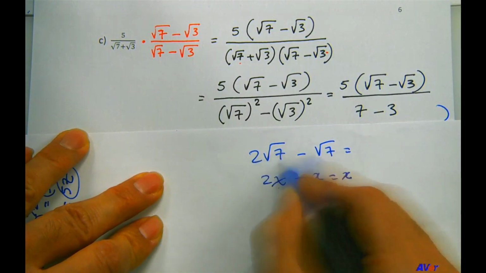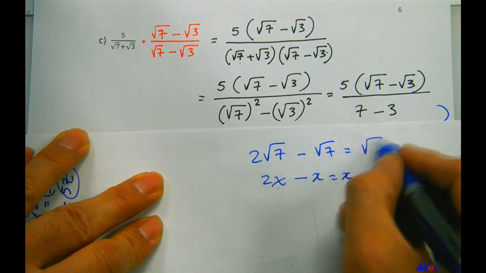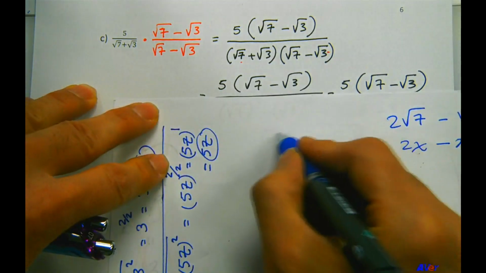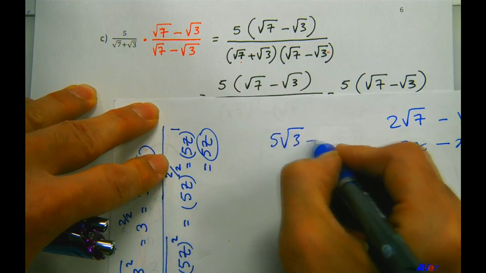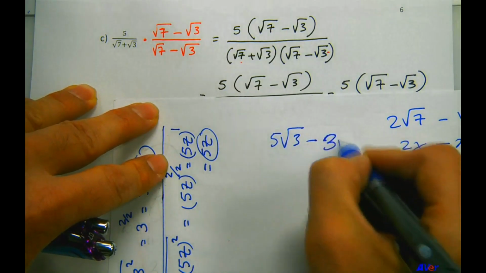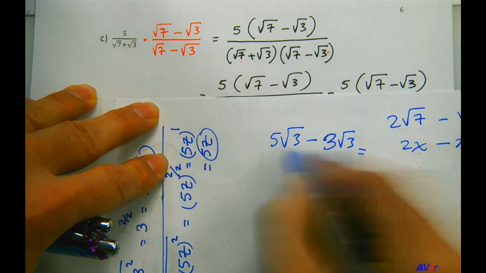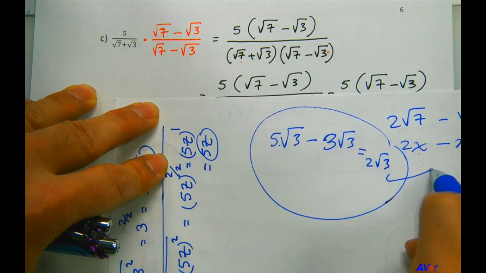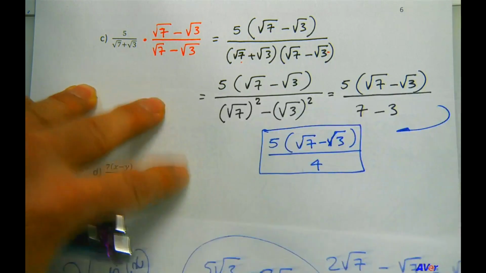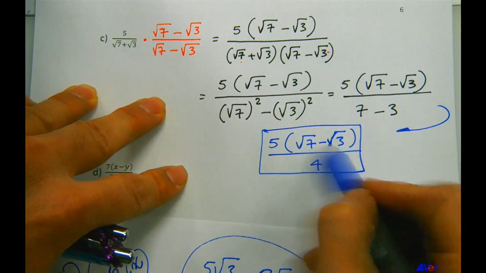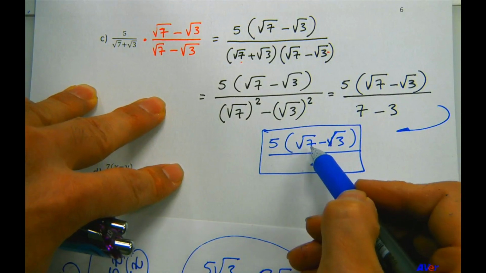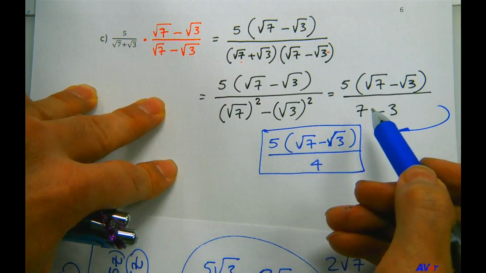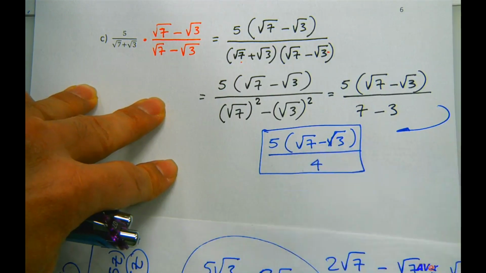So 2 square root of 7 minus square root of 7 is a square root of 7. Or you could say 5 square root of 3 minus 3 square root of 3 is equal to 5 minus 3, 2 square root of 3. That's acceptable. But when the radical expressions are not the same, you cannot subtract their coefficients, or the insides. So we have to keep these separate.